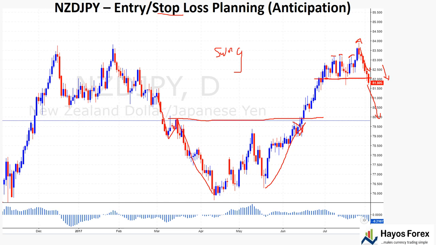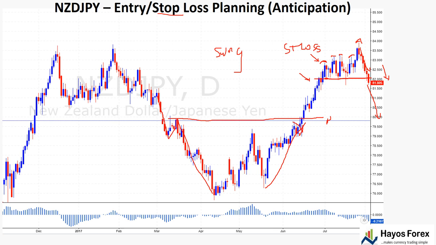This is another swing high, almost the same. This is another swing high, so I prefer to go with this one. So this will be my stop loss in case the trade goes against me. So this is my profit target, and this is the planned entry.